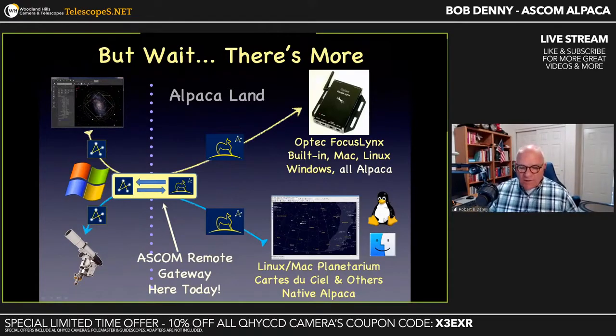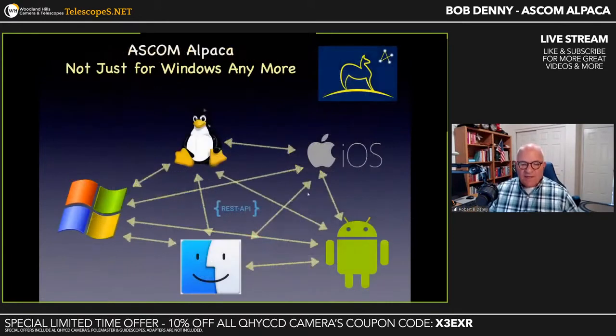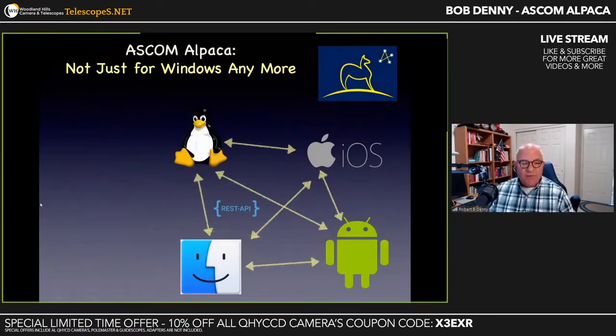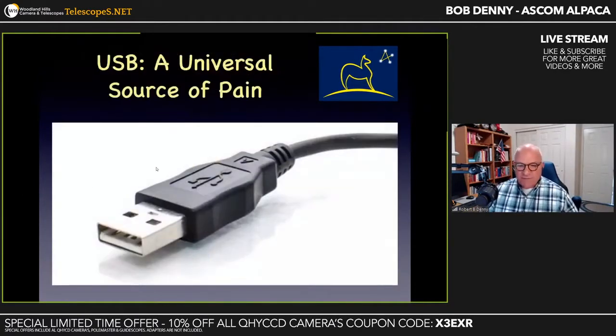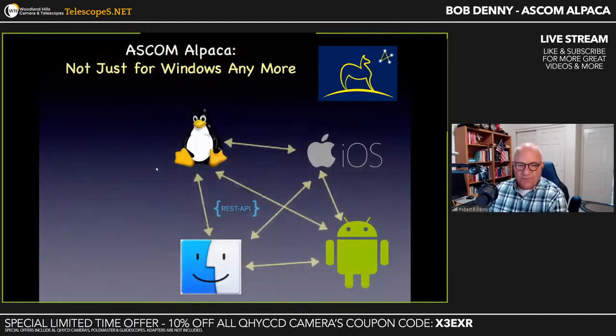And it's important to understand, however, that I showed you this diagram, but it does not need to involve Windows. And this is so important. I've had the biggest problem letting people realize that the Alpaca protocols and interface definitions do not have anything to do with Windows at all.